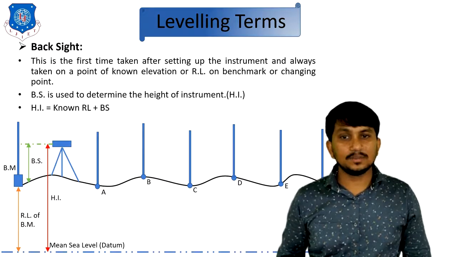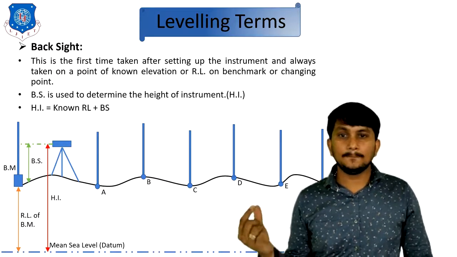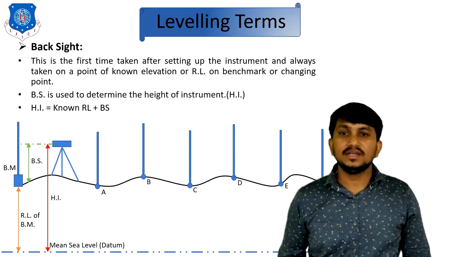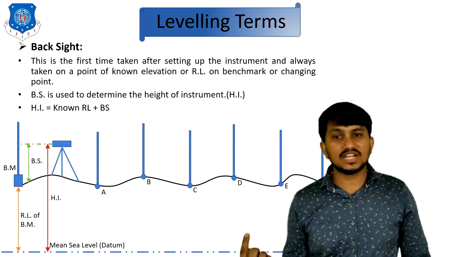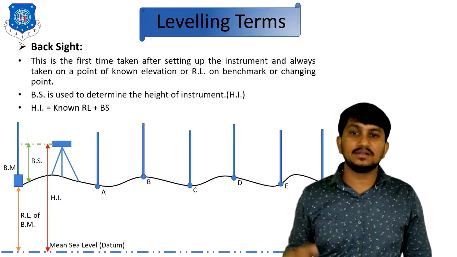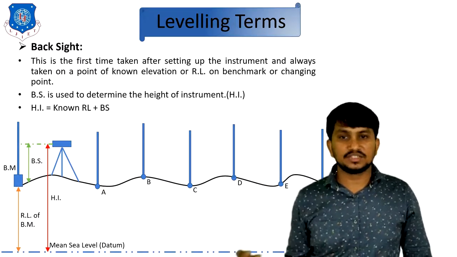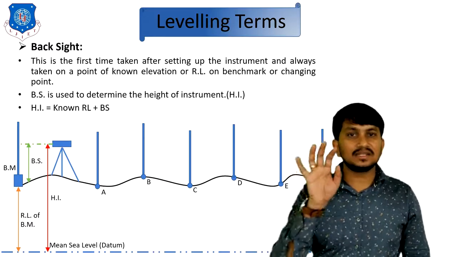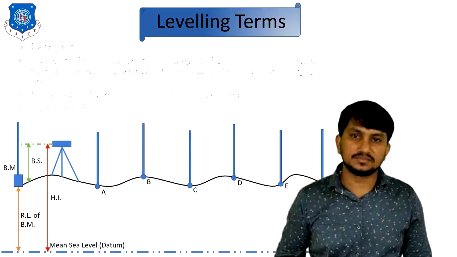HI is the summation of known RL plus backsight. Here the known RL is the RL of the benchmark. If we add the RL of the benchmark with the backsight, we can find the HI. So backsight is generally used to find HI.